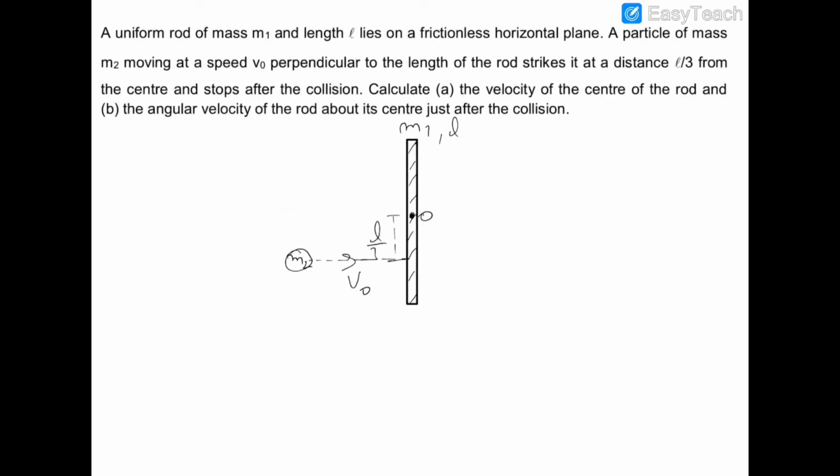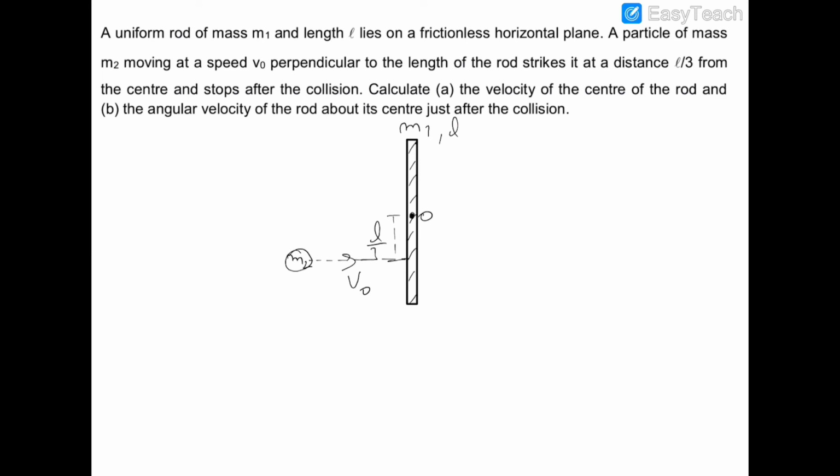In this question, it is given that there is a uniform rod of mass m1 and length L, which is kept on a frictionless horizontal plane. A particle of mass m2 is moving with a speed of v0 perpendicular to the rod, and it strikes the rod at a distance of L by 3 from the center of the rod, where L is the length of the rod.